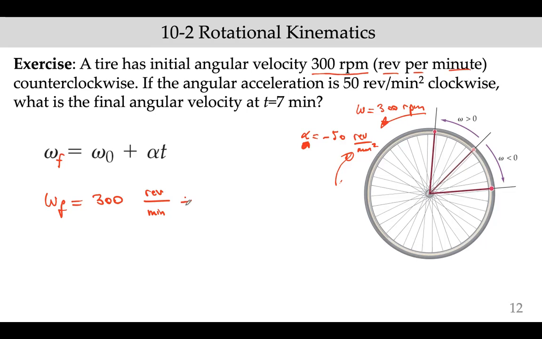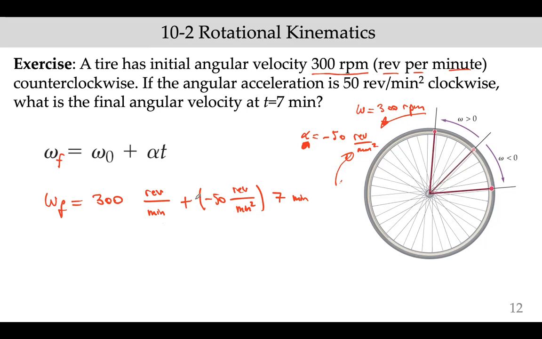And plus you will write now -50 rev per minute squared times 7 minutes.